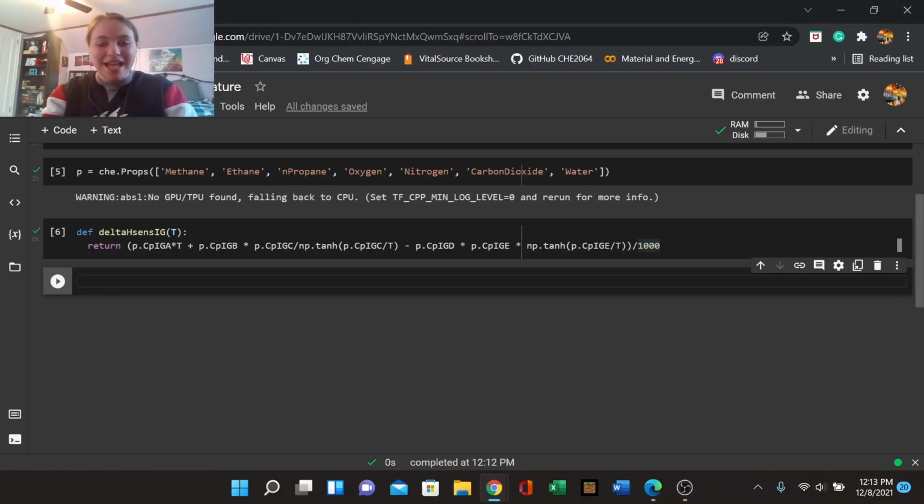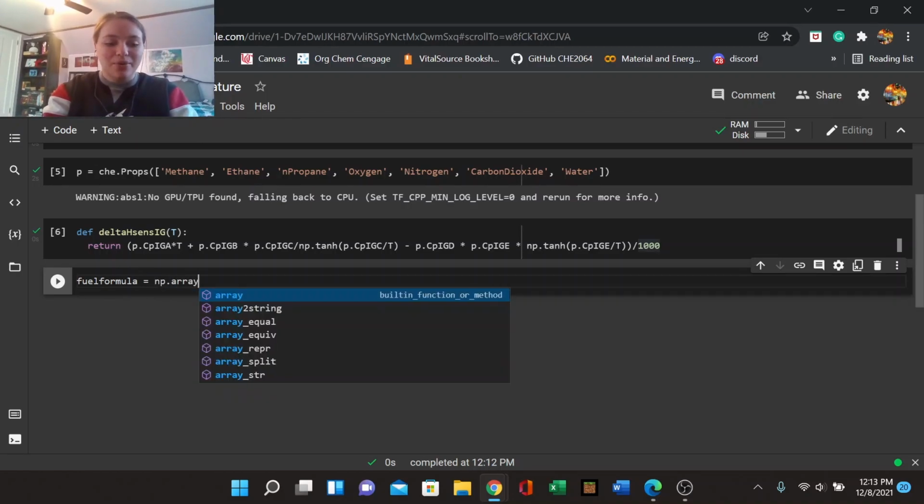So now we are going to put in our information for our formula. This is our balanced chemical equation that we worked on for each one, and also using our fuel formula to get how many moles of each item there are. So we are going to go fuel formula is equal to NP dot array.